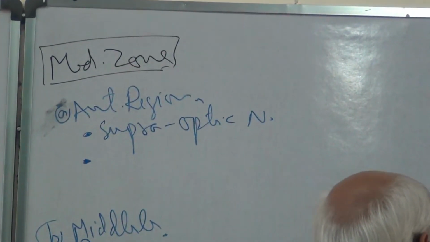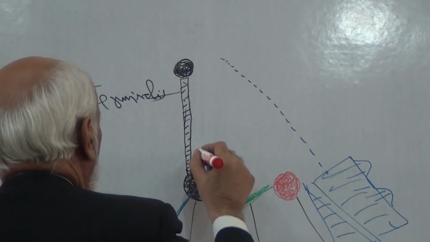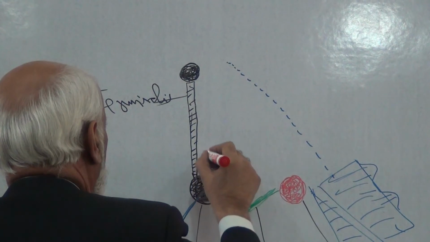Then above the optic chiasma, suprachiasmatic nucleus.